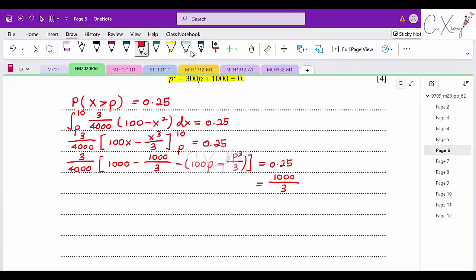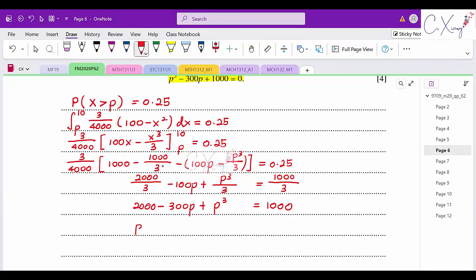Then for all the terms inside this square bracket, after I simplify, I'll get 2,000 over 3, then minus 100p, then plus p power 3 over 3. Then multiply the whole equation by 3.